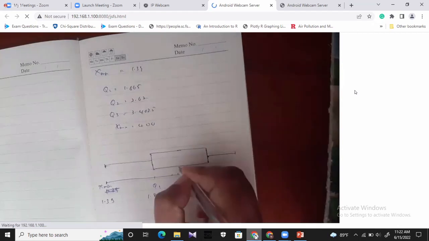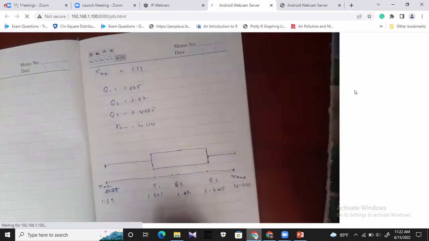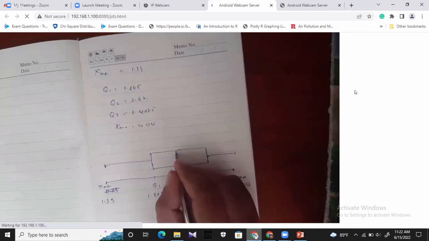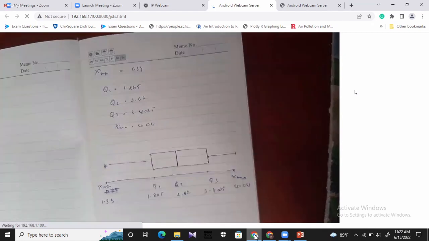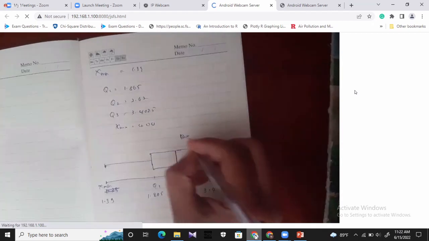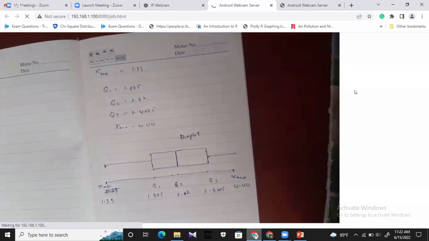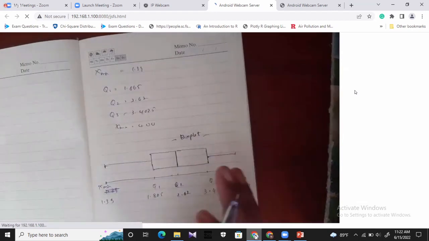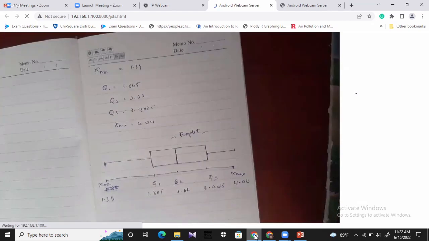But when you mark these measures, you should be very careful. To denote the median, we use this vertical line. Okay, so this is called a box plot. In Sinhala, we say the term kotu kendi satahana. So here we have drawn that box plot for this data set.